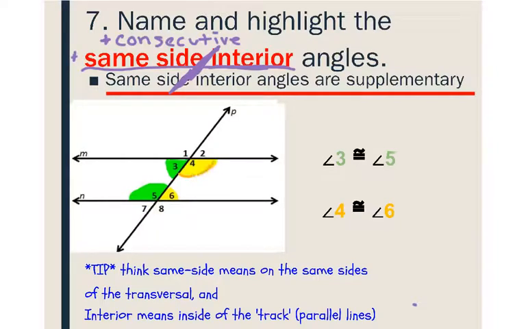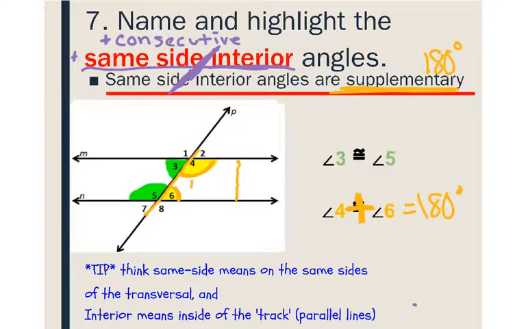So if I'm looking at angle 4, it's in between my parallel lines. Here's my transversal P. What is on the same side? Angle 6. Now note here, they are not congruent. They equal 180 degrees because they are supplementary. So not congruent.